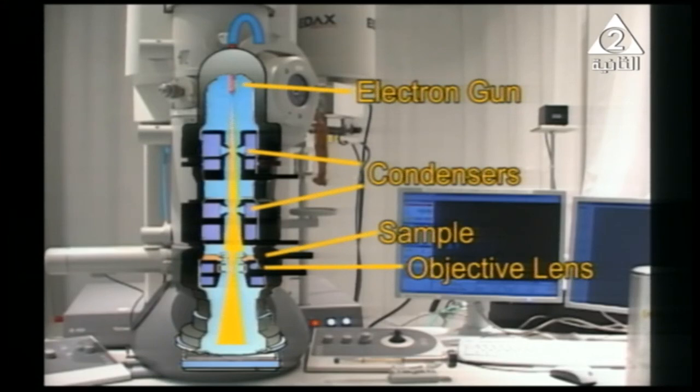So the electron microscope depends in its operation on the wave nature of electrons. It resembles the optical microscope in many ways. The electron microscope has very high resolving power. The question is why?